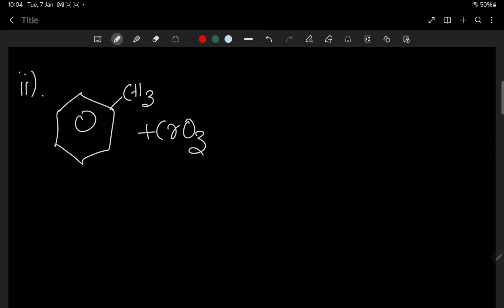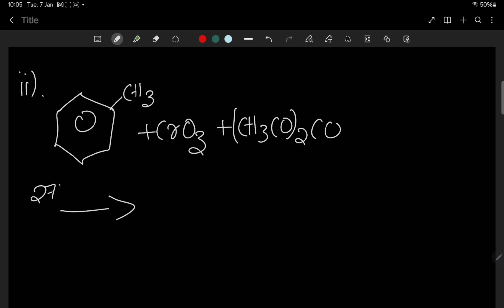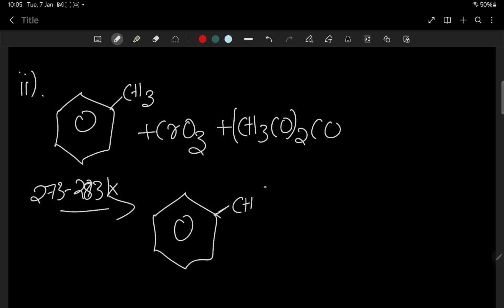We are taking toluene, CrO3, not anhydrous, just CrO3, and an acid anhydride at ice cold temperature, 283 Kelvin. If we react it, we get once again a complex, CH(OCOCH3) twice.